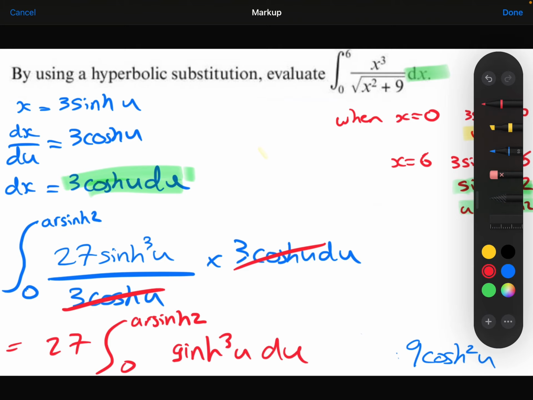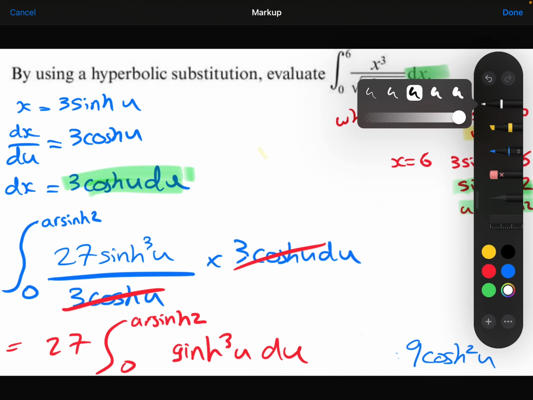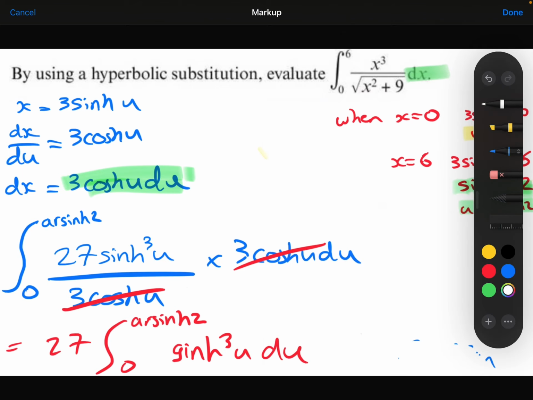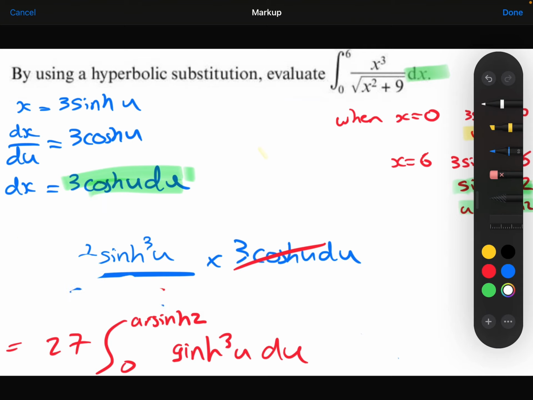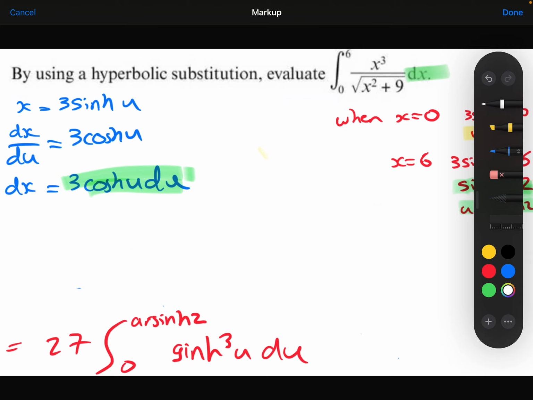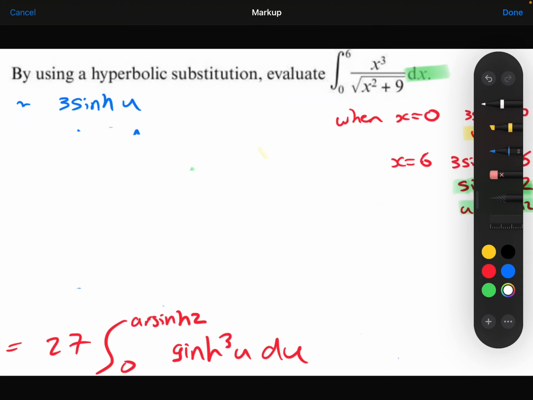Now, we saw how to integrate this in the previous video. We saw to integrate sinh cubed, what we needed to do was to split it up into sinh squared times sinh, and then turn the sinh squared into a cosh squared, and then we went from there. Now, I'm just going to write down the result.